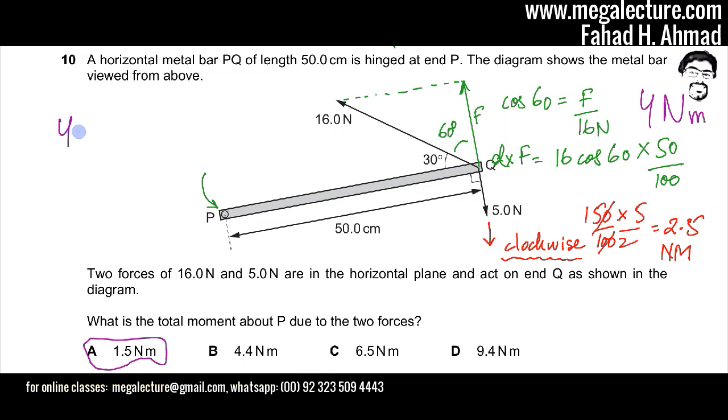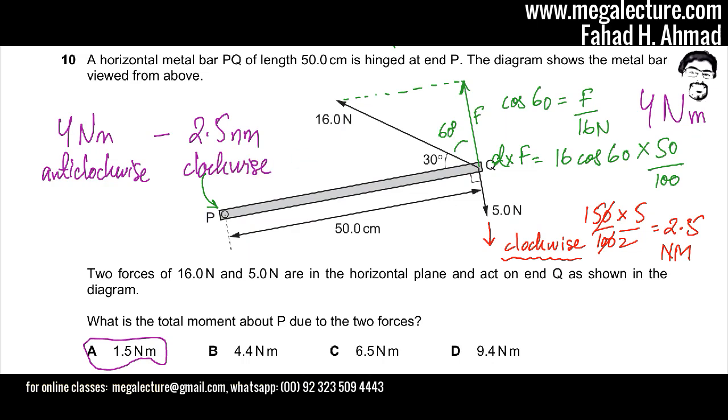So it's 4 Newton meters, which is your anti-clockwise moment, minus 2.5 Newton meters, which is your clockwise moment. So if you subtract the two together, they're going to get subtracted because they're acting in opposite directions. So your answer is going to be 1.5 Newton meters.